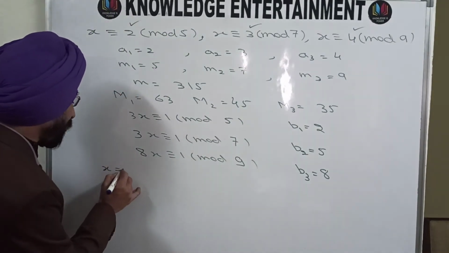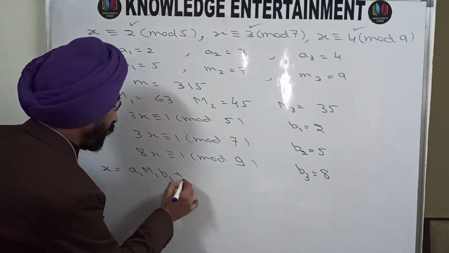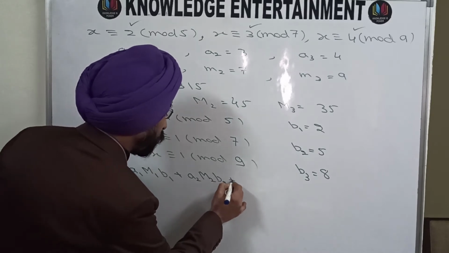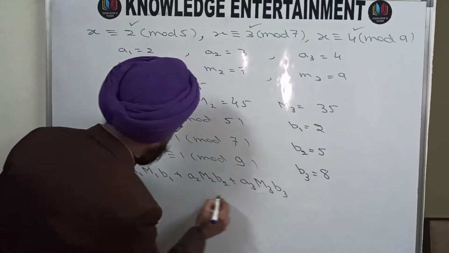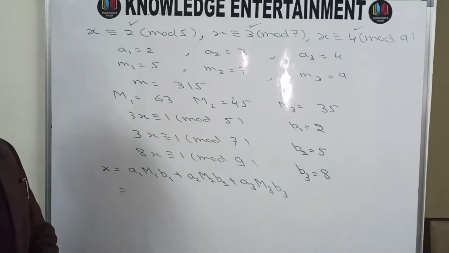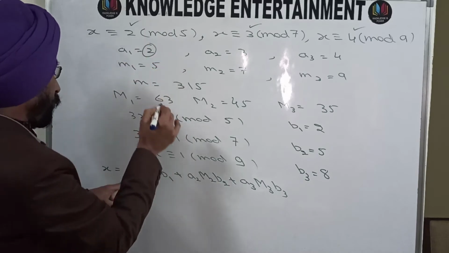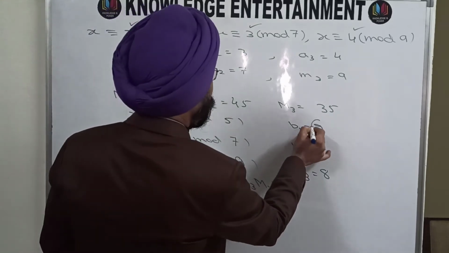Your final solution, x, is a1 into M1 into b1 plus a2 into M2 into b2 plus a3 into M3 into b3. What this value is coming out to be? A1 is 2, M1 is 63 and b1 is 2.